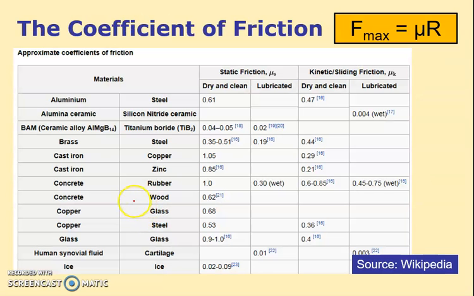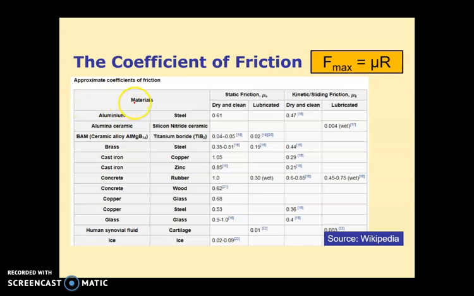Now, what is the coefficient of friction then? Well, I got this off, I think it was Wikipedia or something like this. And so basically it shows you what the coefficient of friction would be between two materials. So for instance, if I've got some concrete on the floor, and I've got something made out of rubber, it could be a rubber wheel or some base of a cupboard. If you can see, it says concrete and rubber, the friction, what they've called the static friction, is equal to 1.0.